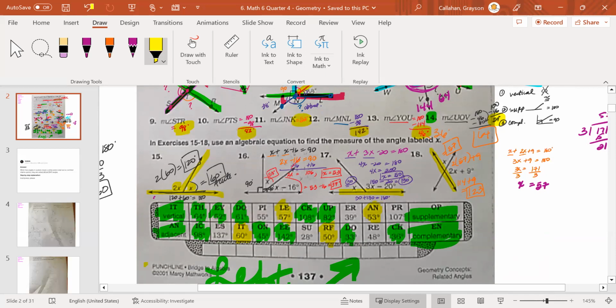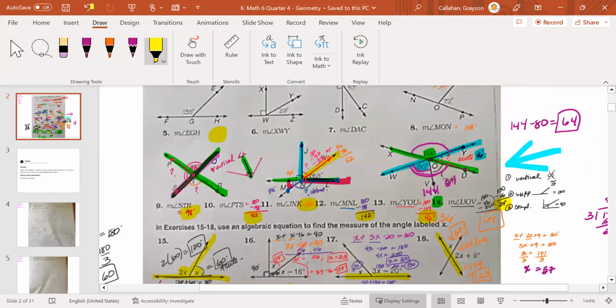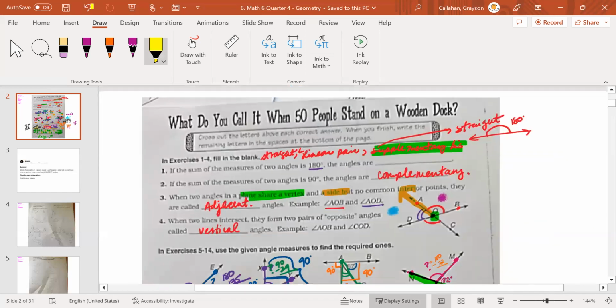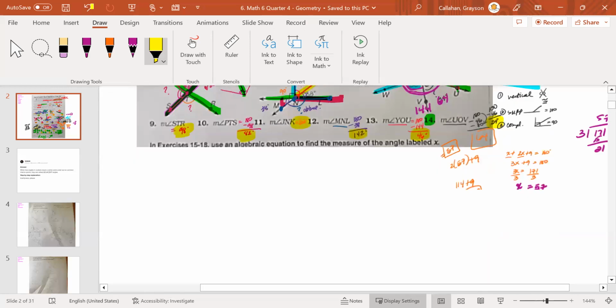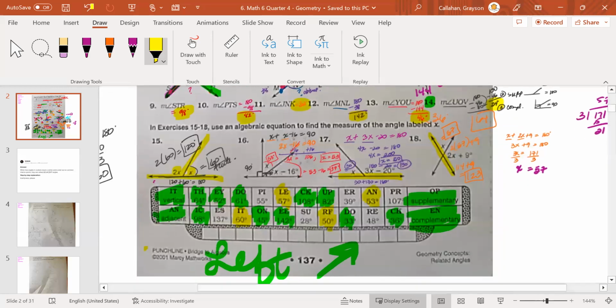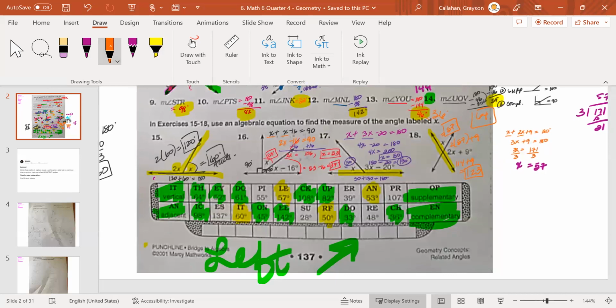So then what do we have left? Once we cross it out, it says, when you finish, write the remaining letters in the space on the bottom of the page. So let's go ahead and write this out. P-I-E-R, P-R-E-S, S-U-R-E.